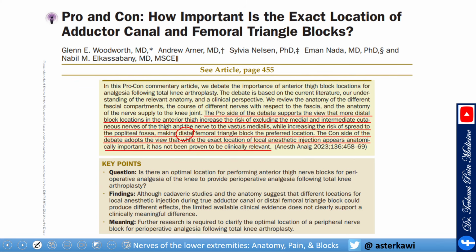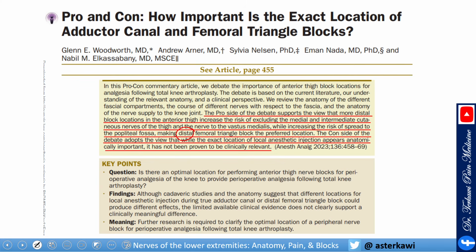And in my opinion, and I always tell my fellows this when I teach them, think about the difference between the nerve block, putting a catheter, versus doing a peripheral nerve stimulator. So when you put a local anesthetic in the canal, you put 15 ml, for example, that will travel up or down, and most likely it can cover the nerves that you did not even intend to block.